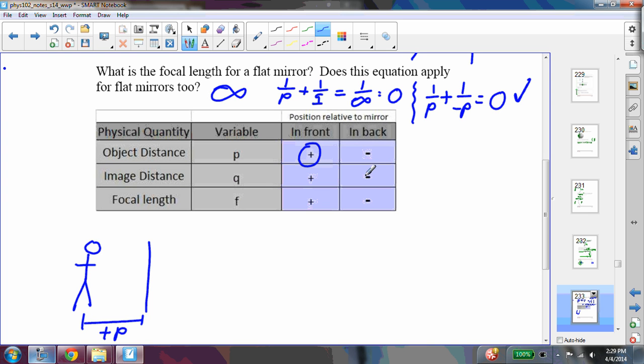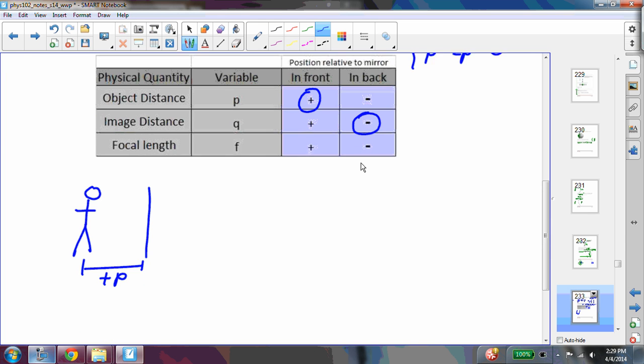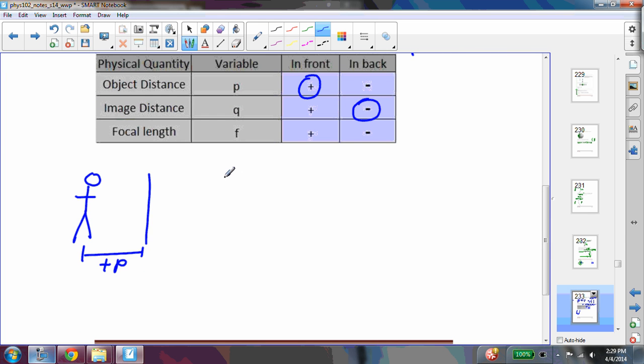I also said that if it's a virtual image, then my image distance is negative. So my image in this flat mirror is going to be q, and q is less than 0 because it's a virtual image.